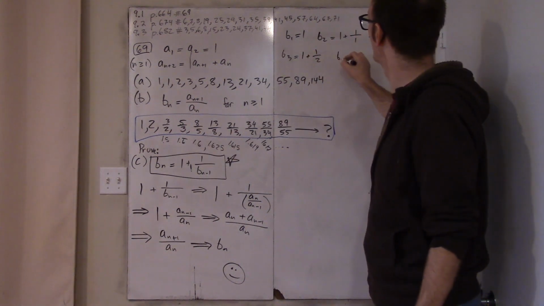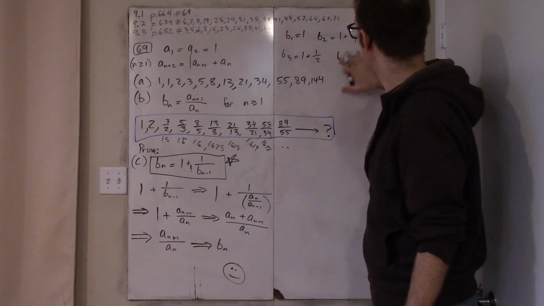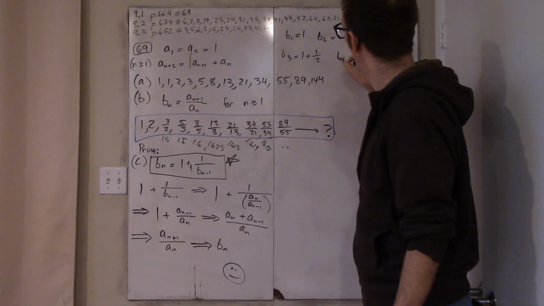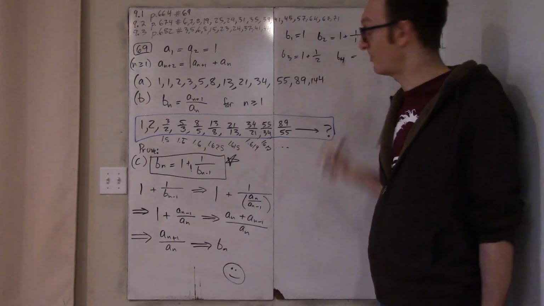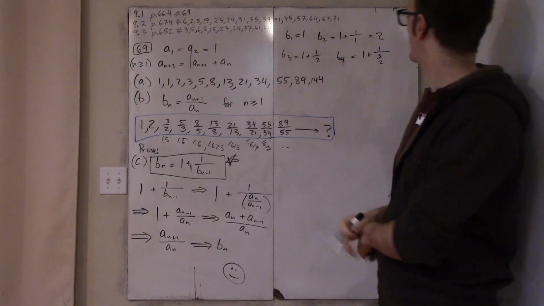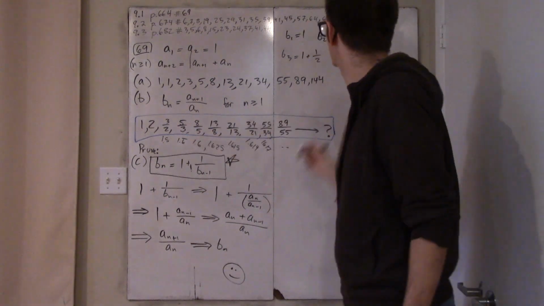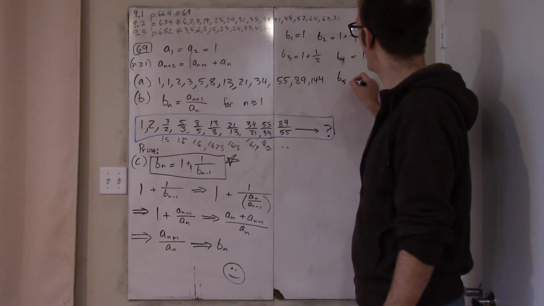Now, how do we get b4? According to this rule that we proved, you can get b4 by using the previous term of the b sequence. So reciprocate, add 1. So we take 1 over 3 halves plus 1. Okay, and what is that? Well, that's 1 plus 2/3. That's 5/3. Let's just do one more. b5, how do you get it?